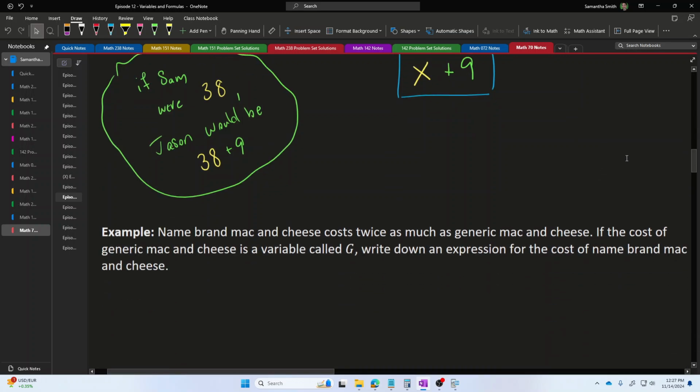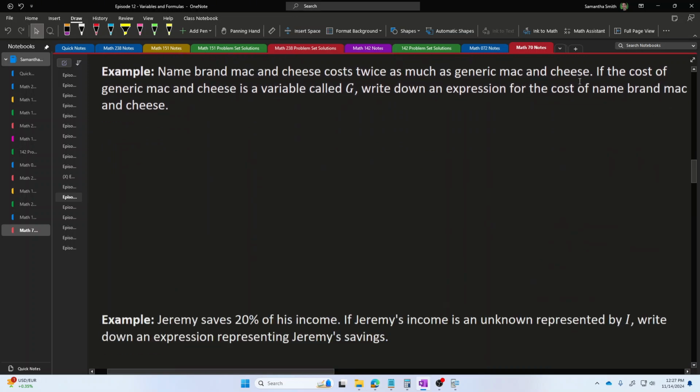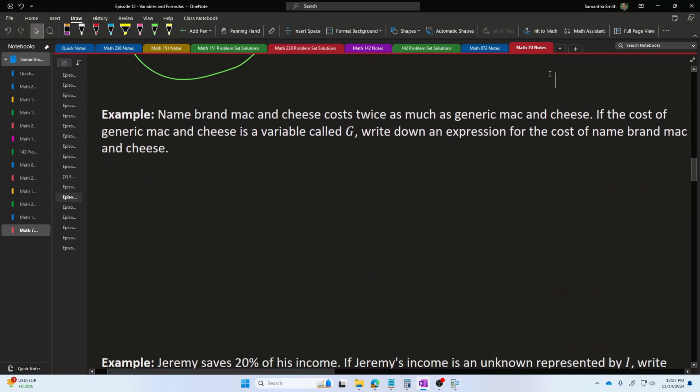Let me give you another example of writing down an expression containing unknowns here. So if I go into the store and I want to buy fancy name brand mac and cheese, that'll cost me maybe twice as much as generic brand mac and cheese. Now, when you go into the store, the cost of objects can always change over time, right?